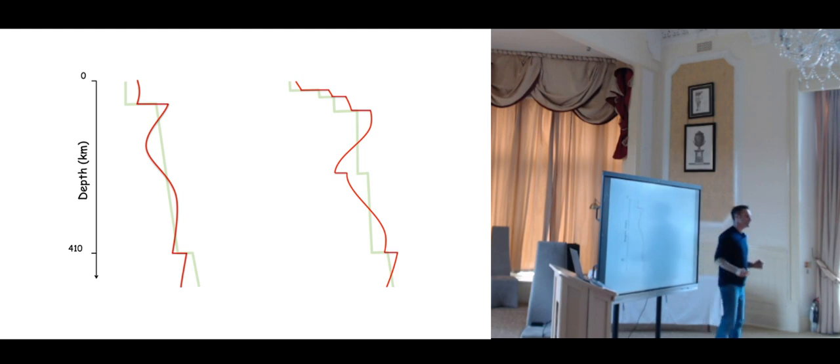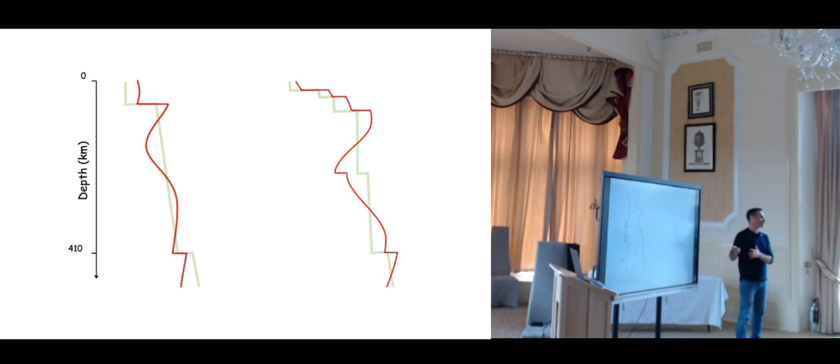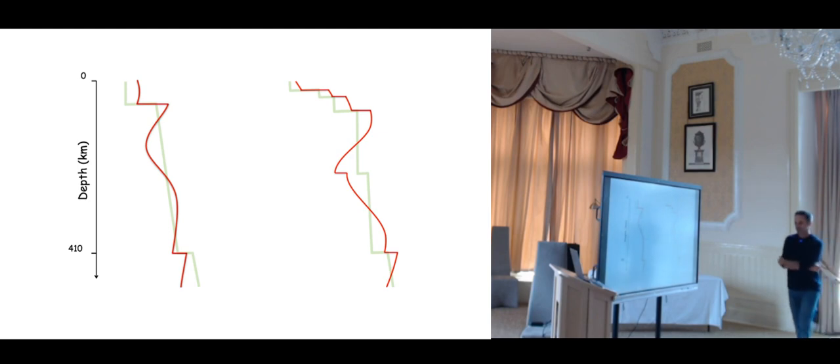So we fix discontinuities and we solve for a small deviation, a smooth model, around this reference model. But now if you choose to change the reference model, then you get a very different solution. So the solution depends on the crust that you fix, on the reference model that you fix.